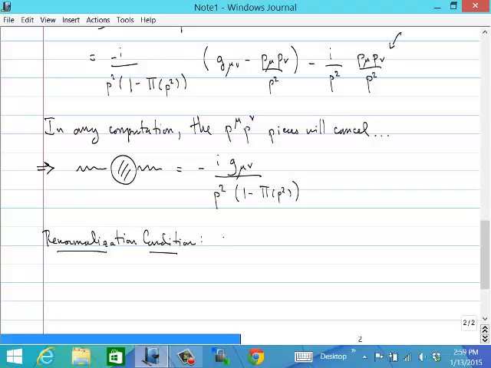So that would demand that Pi has to be regular, has to be finite as p squared goes to 0, and then its value at p squared equals 0 would fix the residue of the pole.